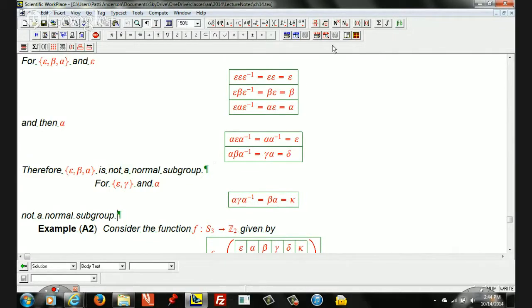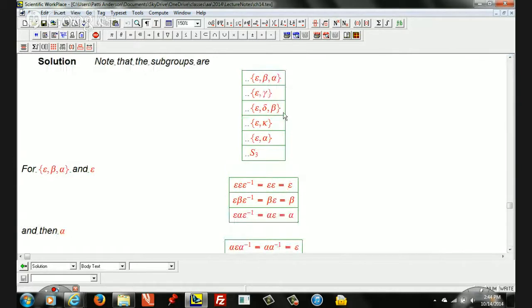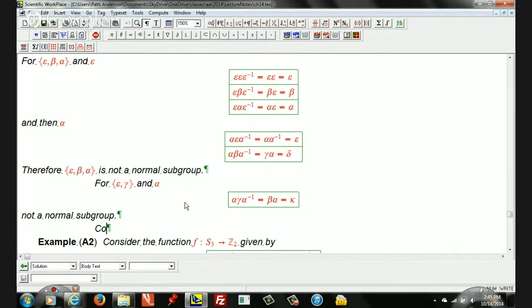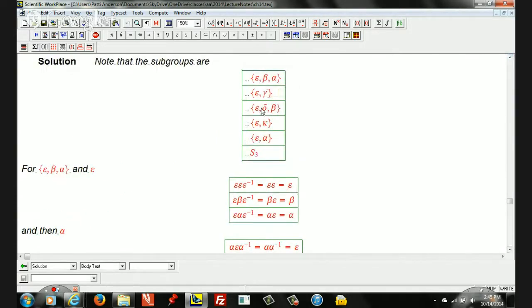You guys get this process? Okay, so let's do one that is a normal subgroup then. The only normal subgroup is this one right here, epsilon, delta, beta. Any multiplication together would not really work. That's why the other ones don't work. So we're checking delta and beta.